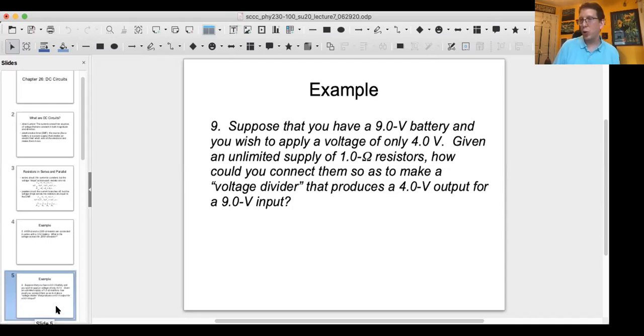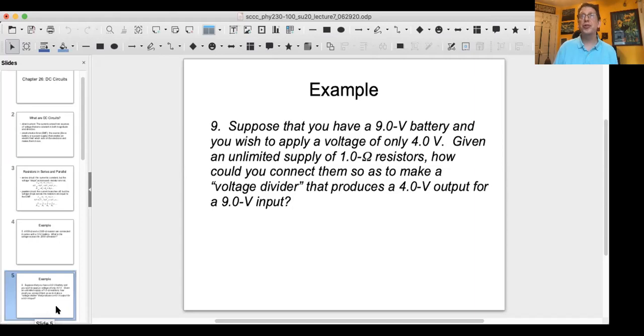So this is more of a qualitative problem than anything else, since you don't actually know the current, and you don't actually know how much resistance you have in your load. So you're applying your voltage of 4.0 volts to your load, which is the useful part of the circuit, but you're removing 5 volts from that.